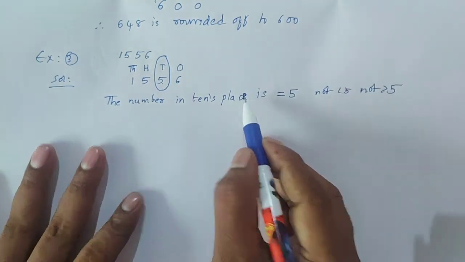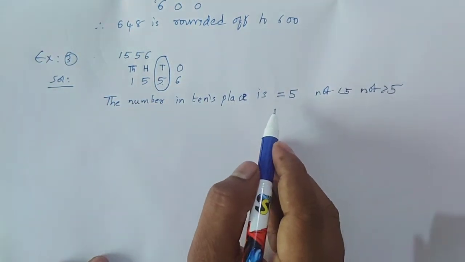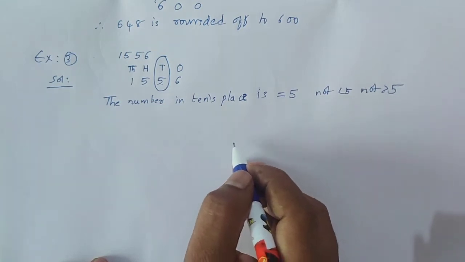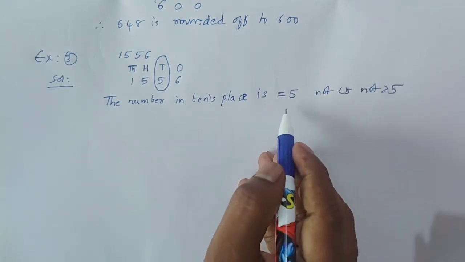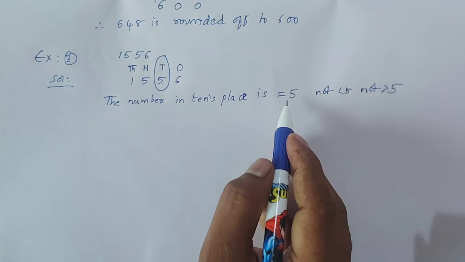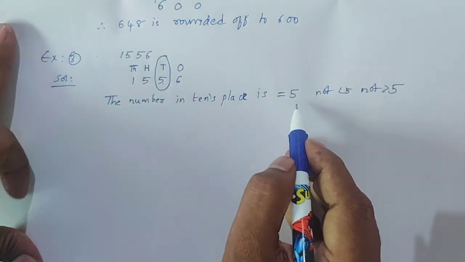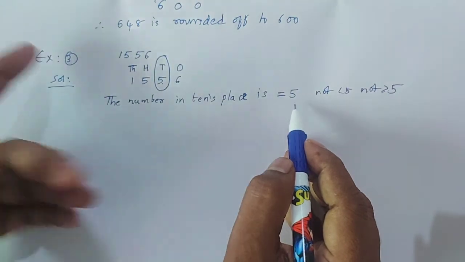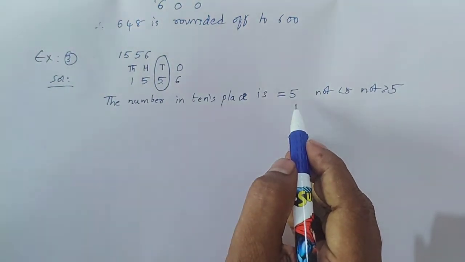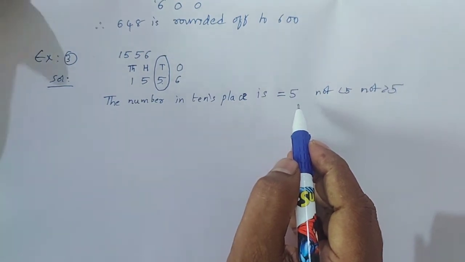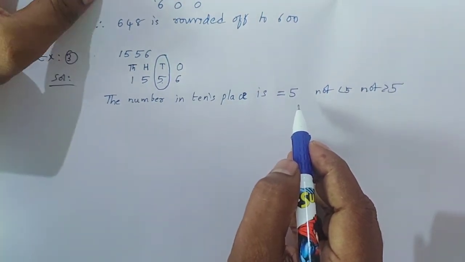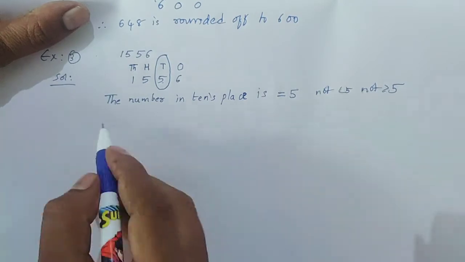So this is the third case. Whenever you get number 5 in the tens place, you can apply any one of the processes. You can increase the number in hundreds place, or you cannot increase the number in the hundreds place. You can follow any one.